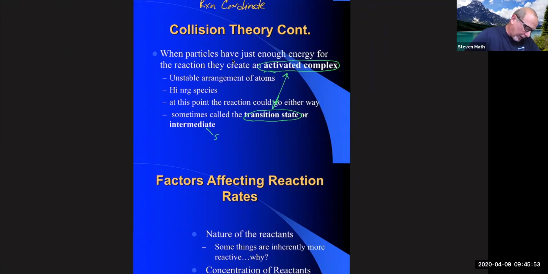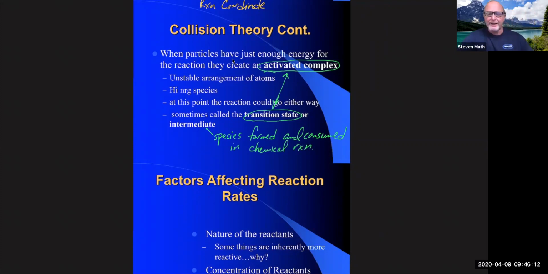Intermediates are species that are going to be formed and consumed in a chemical reaction. Now that sounds kind of weird. What do you mean they're formed and consumed?